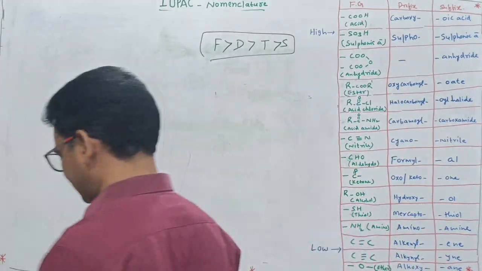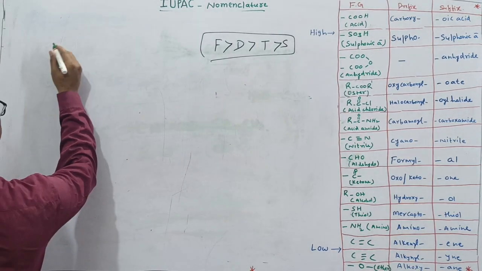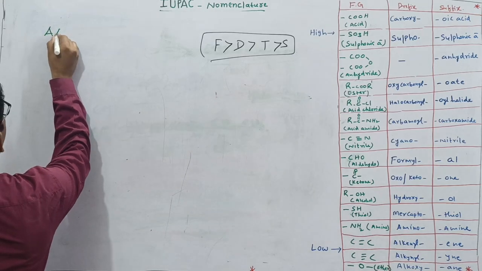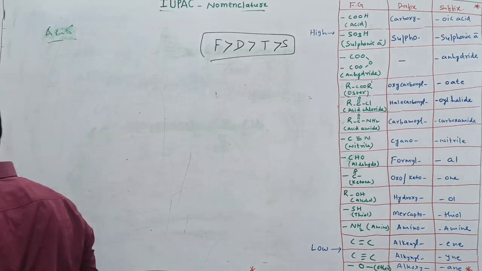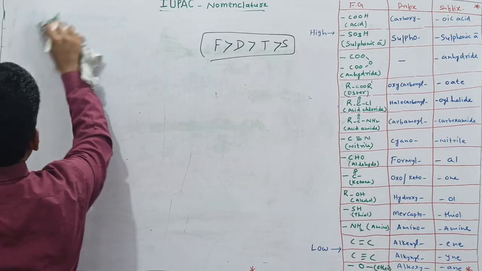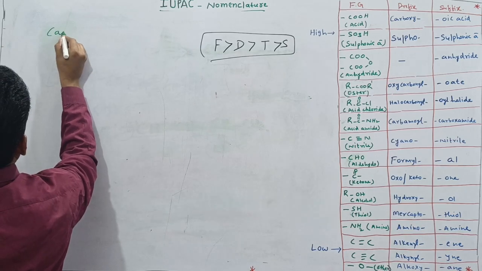For example, first I will take the acid group. That is carboxylic acid, we can write it directly. Acids means carboxylic acids.